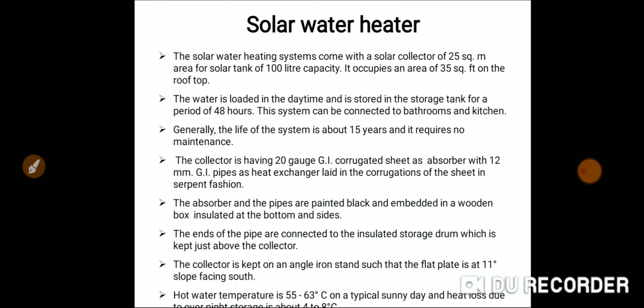The collector is kept at an angle, making a slope of 11 degrees with south, and the temperature of water achieved is between 55 to 63 degrees centigrade on a typical sunny day, and loss of heat due to overnight storage is about 4 to 8 degrees centigrade.